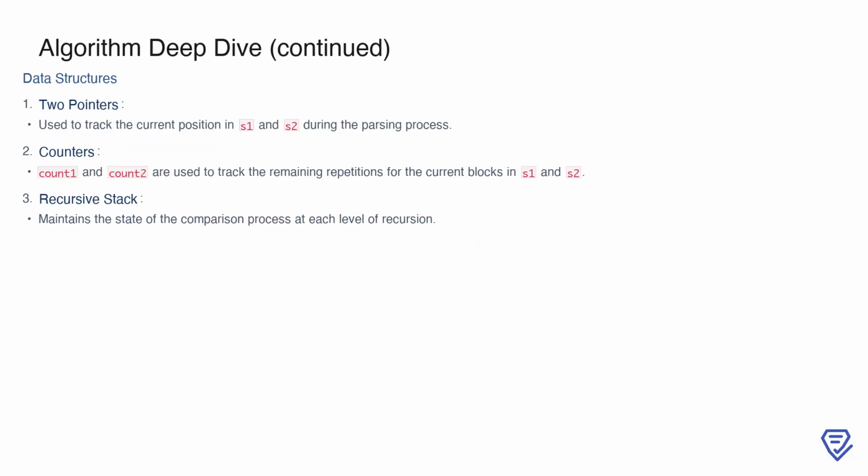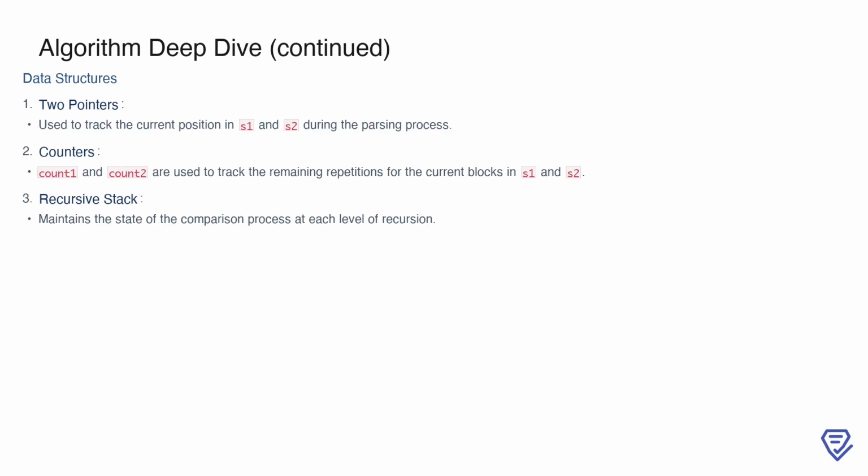The algorithm relies on a few essential data structures to achieve its efficiency. First, we use two pointers, one for each string, to track the current positions during the parsing process. These pointers allow us to process the strings without fully decoding them. Next, we use counters, count1 and count2, to keep track of the remaining repetitions for the current blocks in S1 and S2.